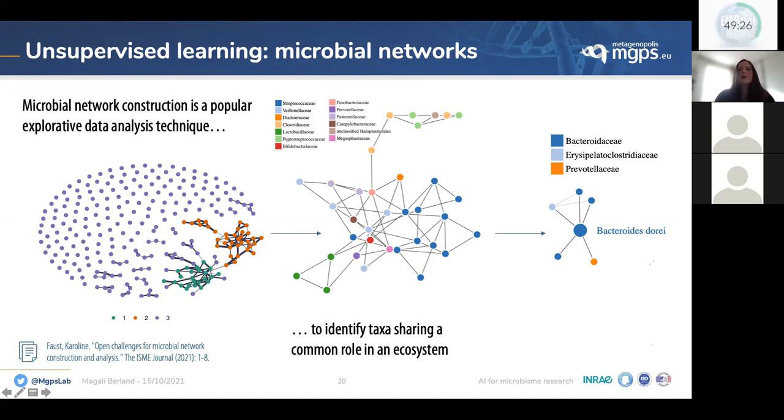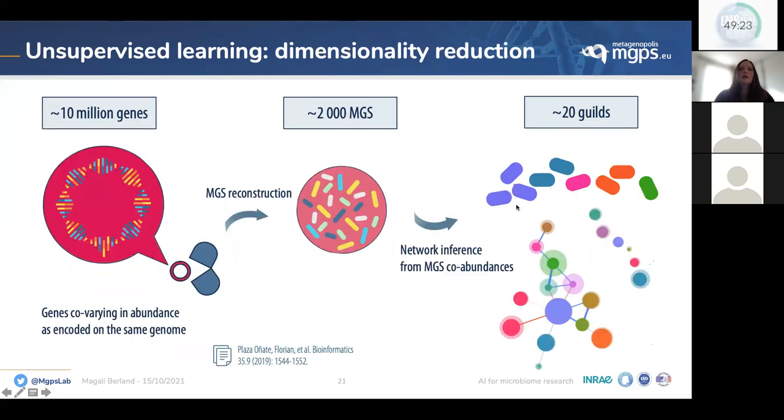And finally, the third way of using unsupervised learning algorithms is this dimensionality reduction I told you about a little bit before. If you are working on shotgun data, then you have the counting at gene level, and the catalog of genes for humans currently has 10 million genes. So it's a lot of variables, and it's very complicated to make relevant statistical analysis with 10 million variables.